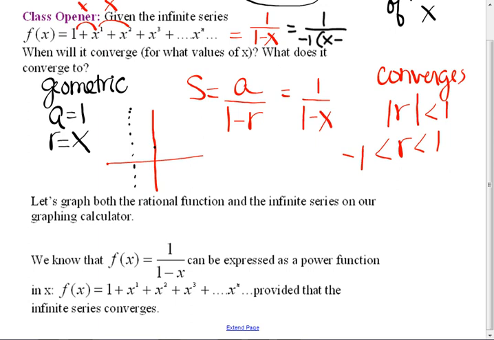X minus 1. Is that right? You're right. There's an asymptote at 1. Okay, so this is going to come along. I have no idea what this is going to look like. I probably better graph it.